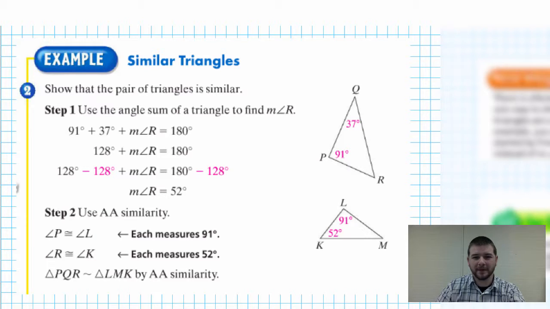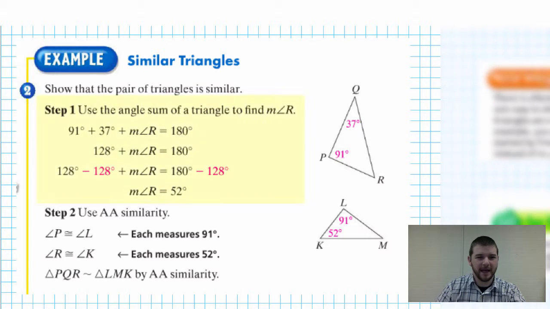Note what we know about these two triangles. We know that angle P and angle L, those two are congruent. Therefore, if using the interior angle sum property of triangles, we can identify that the third angles are congruent, then we can say that these two triangles are similar. Take a look at the work on the left.